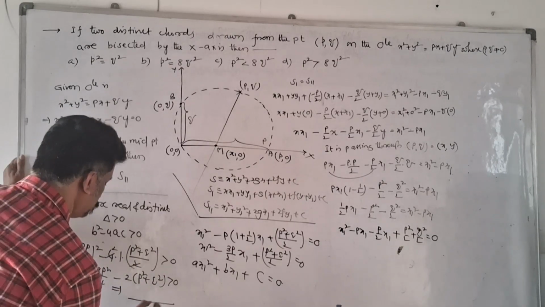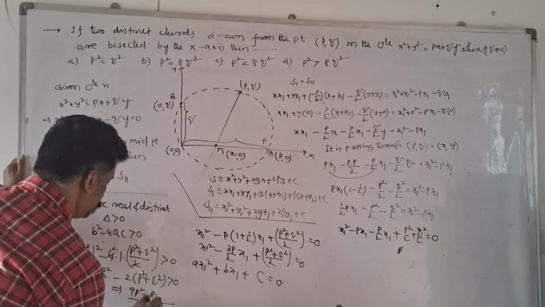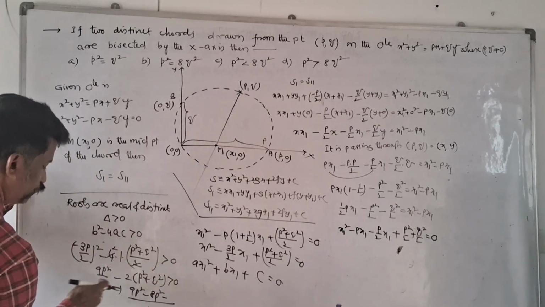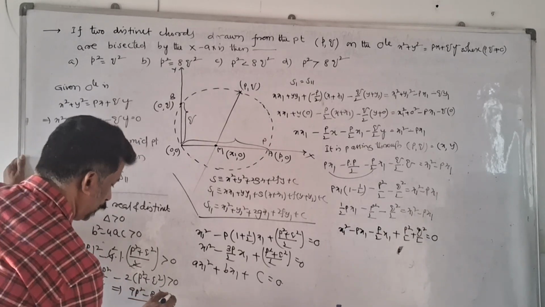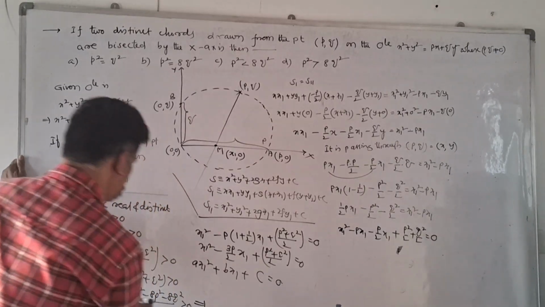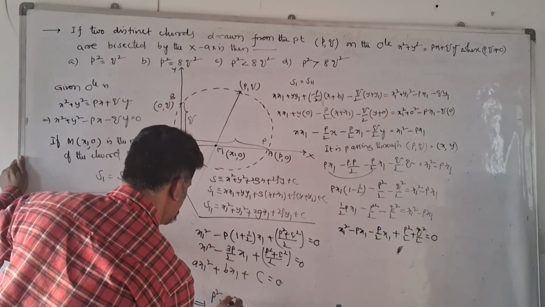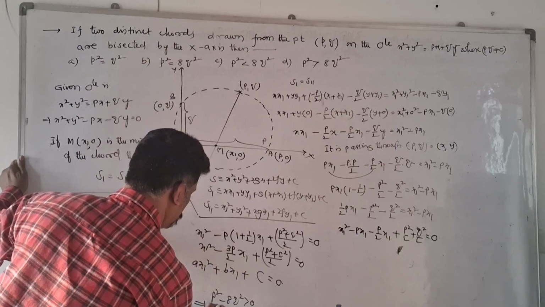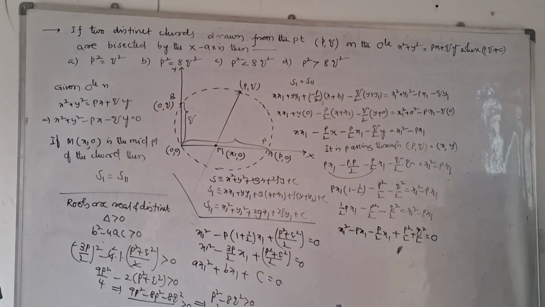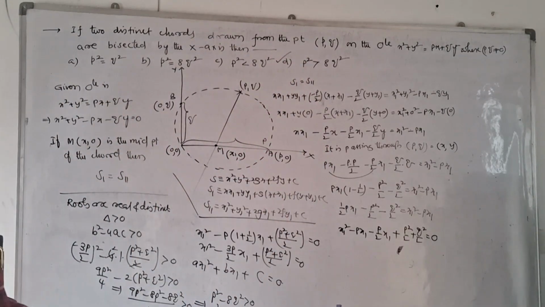That implies LCM is 4, so 9p square minus 8p square minus 8q square greater than 0. That implies 9p square minus 8p square, that is p square minus 8q square greater than 0. So p square is greater than 8q square. Yes, fourth option is correct.